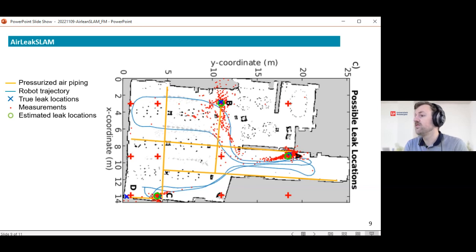Now, this is incredibly useful because this allows the company, every day at the end of the day, to create a map of new leaks or existing leaks and check up on the leaking situation of your entire company. Instead of having one person do a yearly check and risking several air leaks losing energy throughout the entire year.